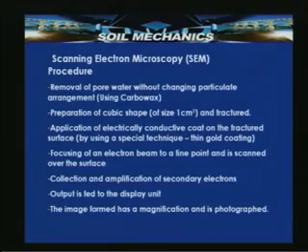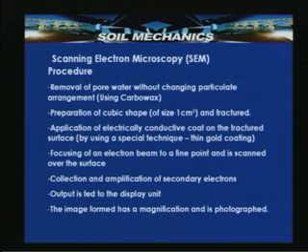Let us discuss the procedure of scanning electron microscopy. It involves sample preparation. First is the removal of the pore water without changing the particulate arrangement. Generally, carbowax is used. Then the preparation of a cubic shape of size 1 centimeter cube, which is fractured.